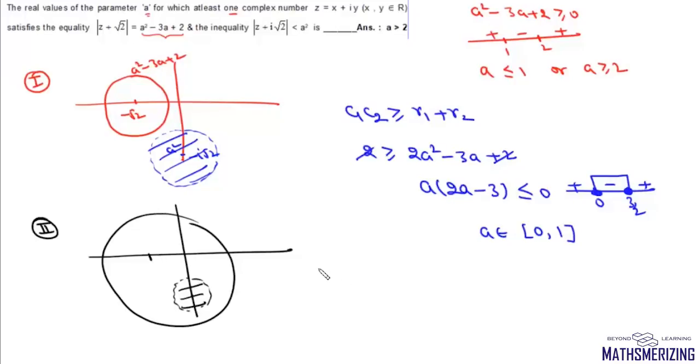So for this case, condition will be C1C2 should be less than or equal to R1 minus R2. Now C1C2 again will be 2 and will be less than or equal to R1 minus R2, and R1 minus R2 will be simply 3a plus 2. Now here we'll get this condition that a is less than or equal to 0. So there will be no solution when a is less than or equal to 1.